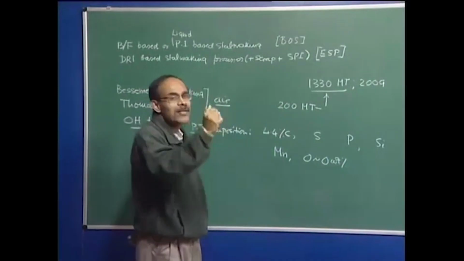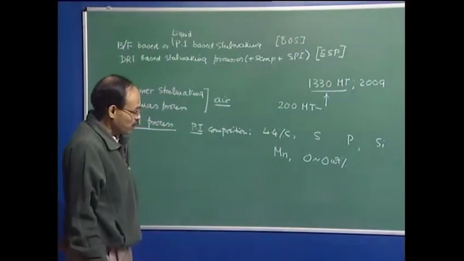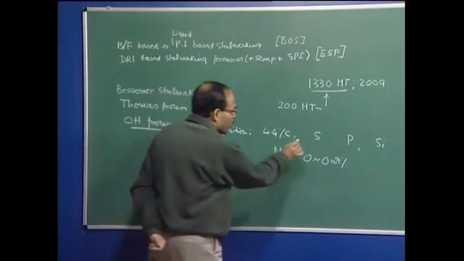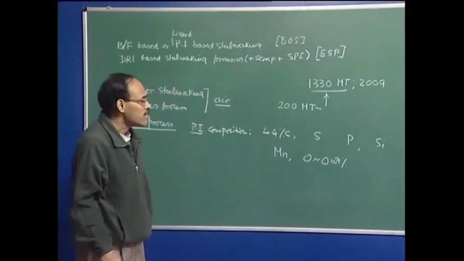So, depending on the raw material composition and the blast furnace operating conditions, the level of sulfur, phosphorus, silicon and manganese can vary significantly.